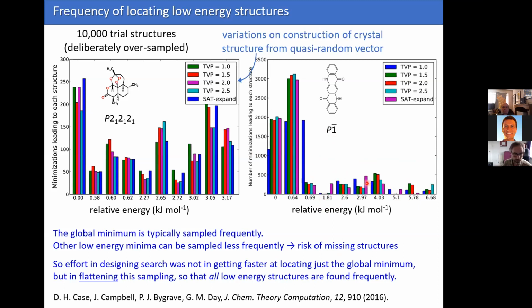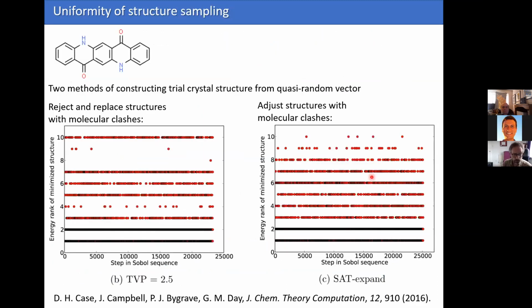Another way of looking at the same data sets: this is the problem molecule, quinacridone, that I was just showing you. That fourth lowest energy structure was infrequently found. Here, what I'm showing you is, at each step in the Sobol sequence, which is the specific sequence we're using for that quasi-random search, which structure we get to when we energy minimize the trial crystal structure we get from that quasi-random vector.